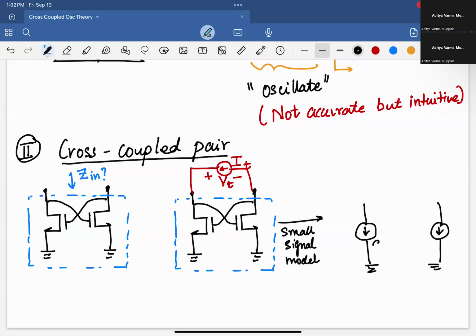So let me label that. Say this is Vy and this is Vx. And this one's current is given by Gm Vx, right?